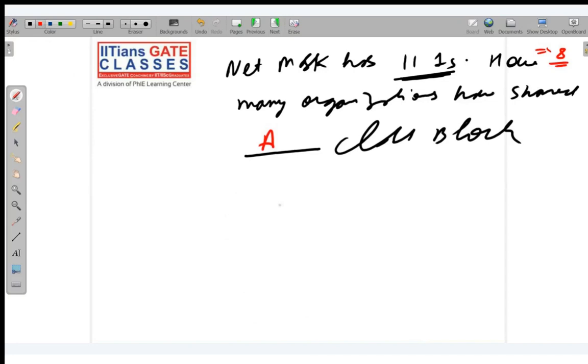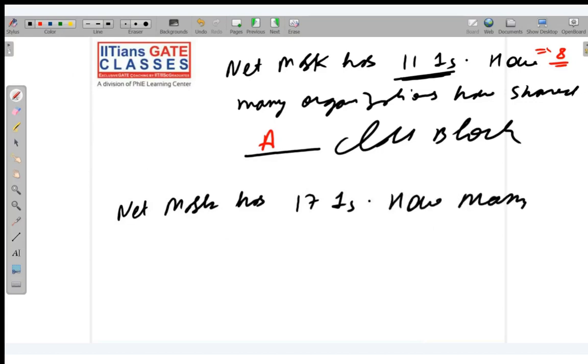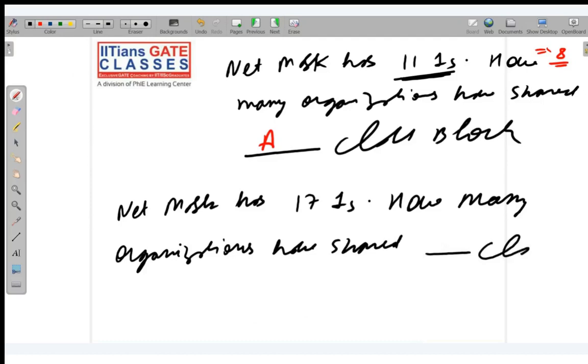Okay, now another tricky question. If I say the netmask has 17 ones, how many organizations have shared a class block?